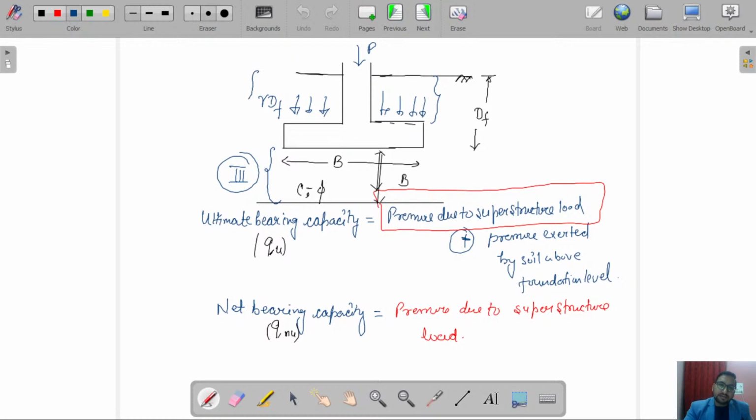So our second term is governed by this portion of the soil, part 2, right? The soil below width B has no effect on the bearing capacity of soil which is supporting this foundation load, right?